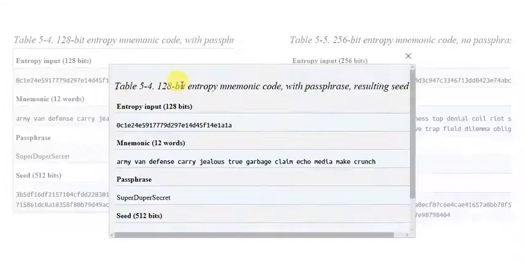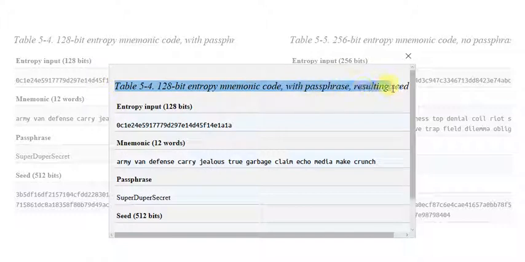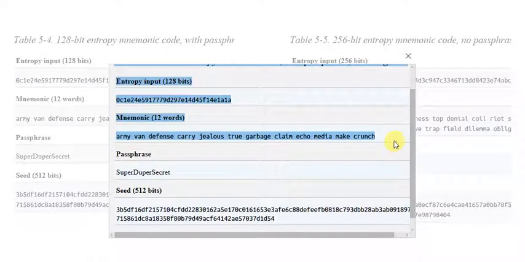Table 5-4. 128-bit entropy mnemonic code, with passphrase, resulting seed. Entropy input, 128 bits: 0C1E24E591779D297E14D45F14E1A1A. Mnemonic, 12 words: army van defense carry jealous true garbage claim echo media make crunch.